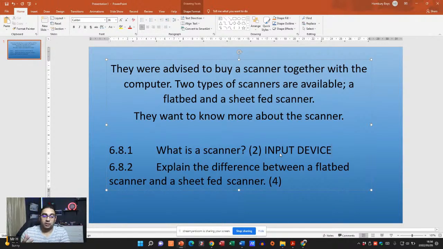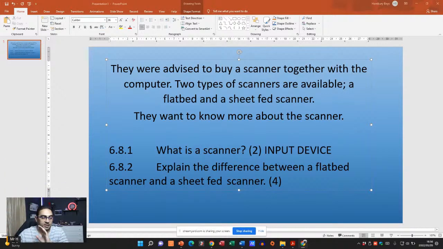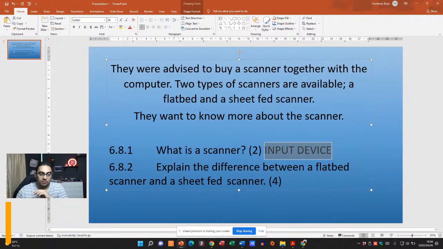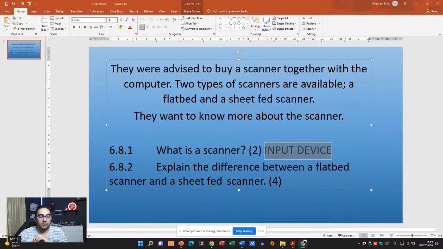If we're dealing with a printer, your first words are going to be the printer is an output device. So that's our first thing, scanner being an input device. The next thing, as all of you have said, yes, a scanner is an input device.